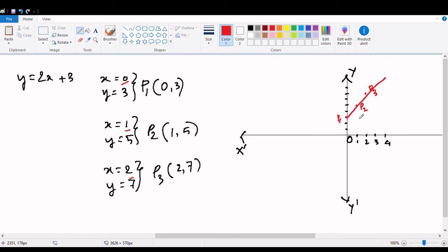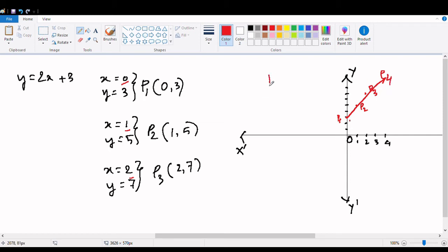It will be like this. So you can say the line P1, P2, P3, and for example, this is P4.